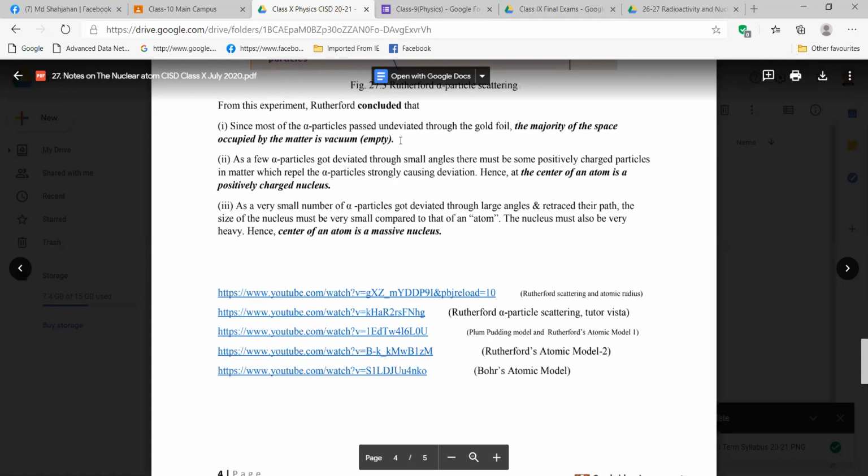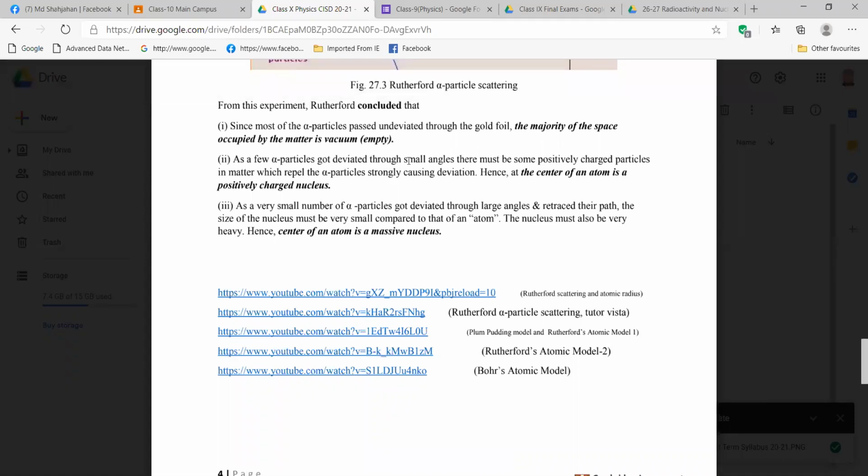Yes. Then the second observation is we got some of the alpha particles deviating a little bit. That means small angles.